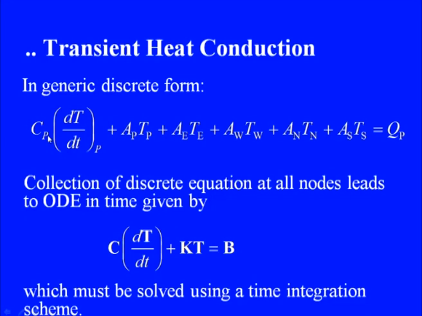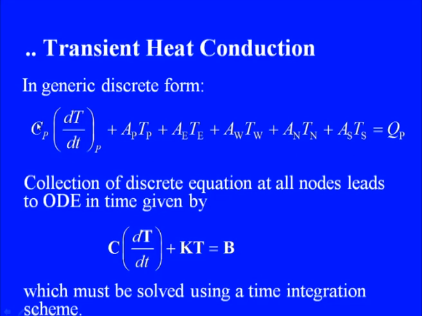So in generic discrete form we introduce our symbols AP, AE and so on, and you can write by introducing a new symbol CP. For the time being, the way we have written it, CP was equal to 1. So CP dT by dt at point P plus APTP plus AETE plus AWTW plus ANTN plus ASTS is equal to QP. This QP might be present in case we had some source terms coming from somewhere.